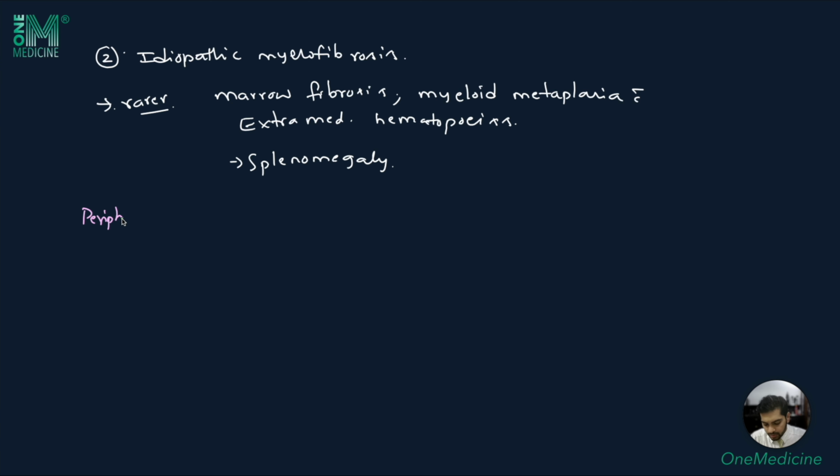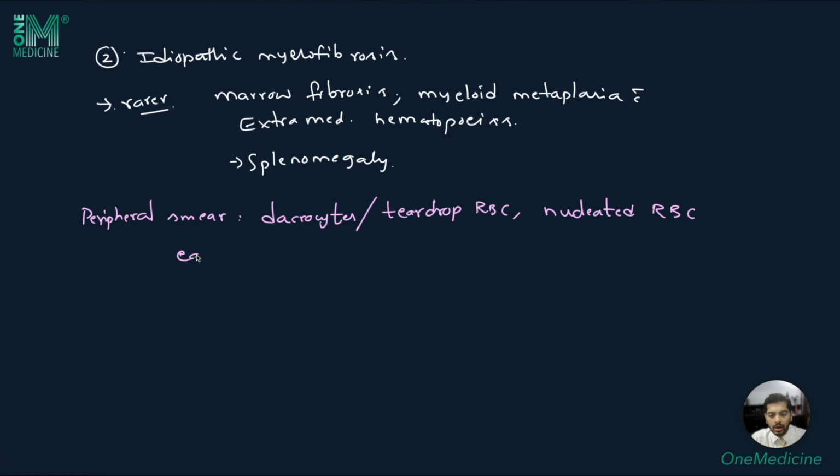Examination of the peripheral smear reveals dacrocytes or teardrop shaped RBCs. There can be nucleated RBCs and sometimes early granulocytic forms, including promyelocytes, can be seen.